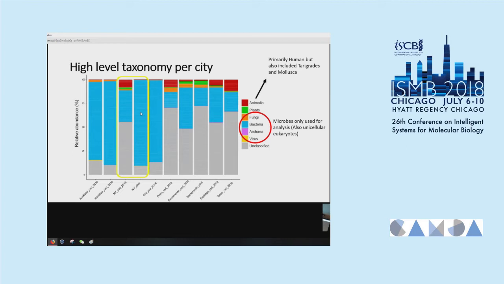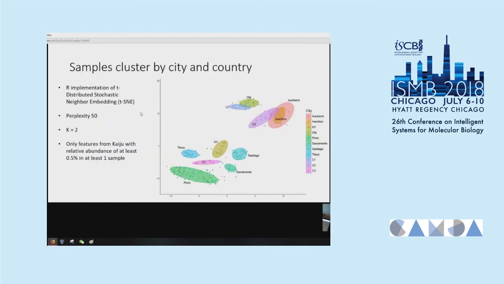Moving on from that, taking this table of features generated from Kaiju, the original table was well into the tens of thousands of features, which dropped down a bit after I filtered for anything above a certain abundance. I used t-SNE, t-distributed stochastic neighbor embedding, to reduce dimensions down to 2 and represent it. When I reduce this down to 2 dimensions, we get this absolutely lovely plot.